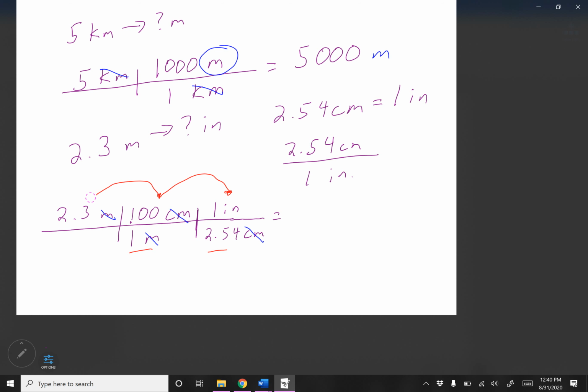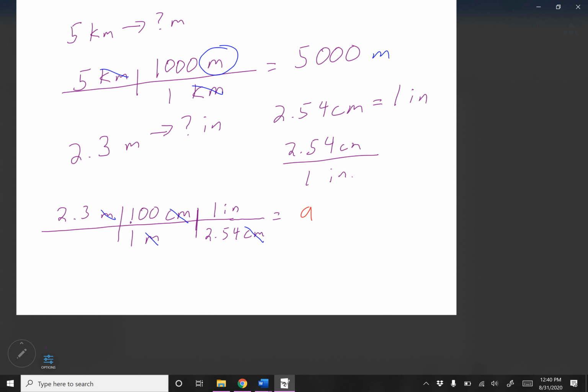You can also do each step individually, but the longer these get, the easier it is to just multiply everything across the top and divide individually by everything on the bottom. So to solve this, I'm going to say 2.3 times 100. And you can honestly forget about the ones. You don't have to say times 1 and divided by 1. It's just unnecessary. Then I can say divided by 2.54.